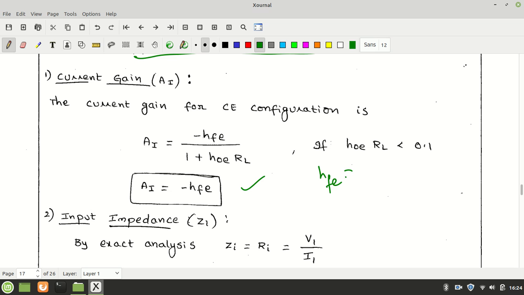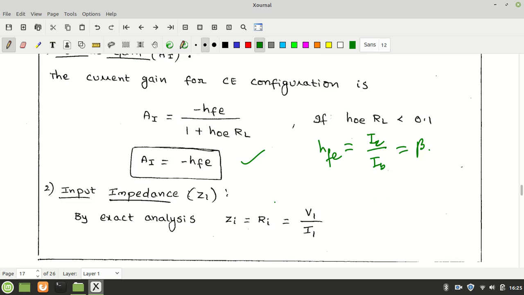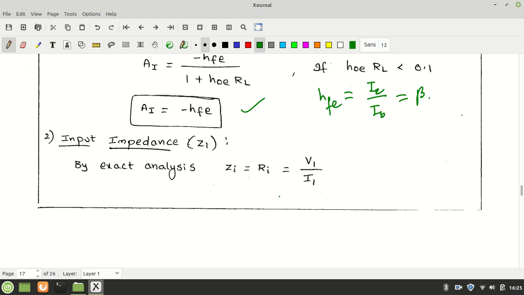At the beginning of my lecture I told you that HFE is the output current by input current. So the output current is the collector current, the input current is the base current, so it is nothing but your beta. So beta is actually HFE, and beta is the current gain for the approximate model of common emitter mode.